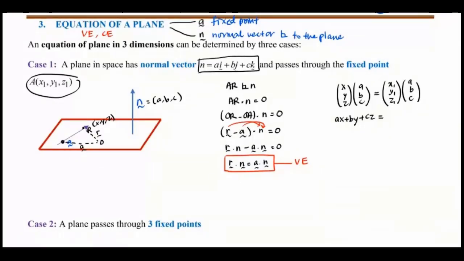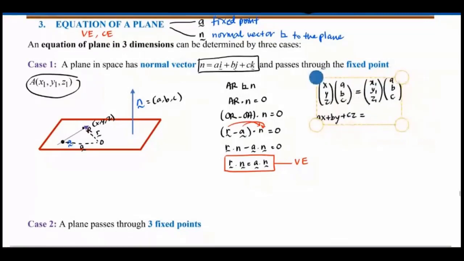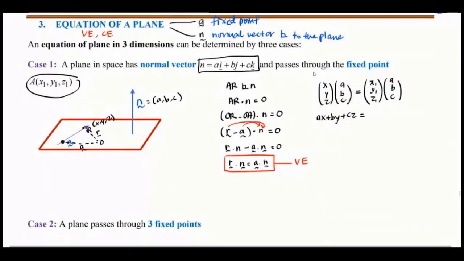Belah kanan kita jadi apa? The right hand side is going to be AX1 plus BY1 plus CZ1. Okay, so for Cartesian, sebelah kanan ni kita akan totalkan. So we will let as a D. Satu nilai sahaja. So yang sebelah kiri sebabkan kita ada X, Y, Z tak boleh buat apa-apa. Dia akan maintain AX plus BY plus CZ.